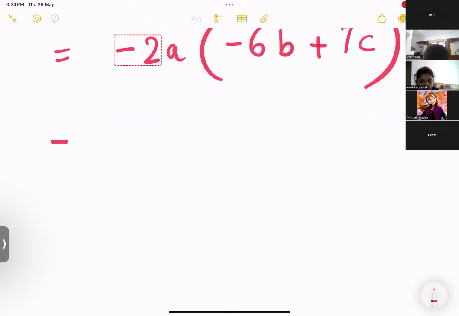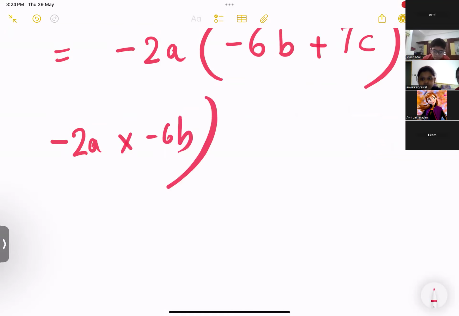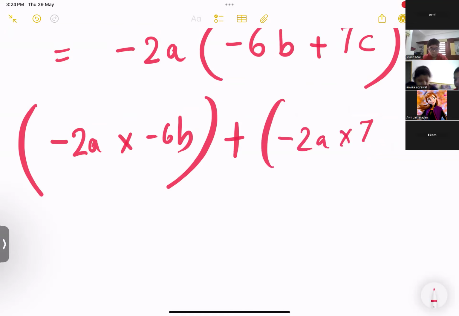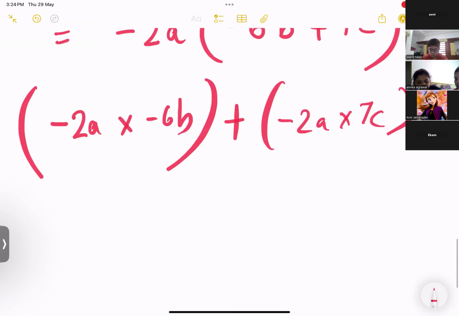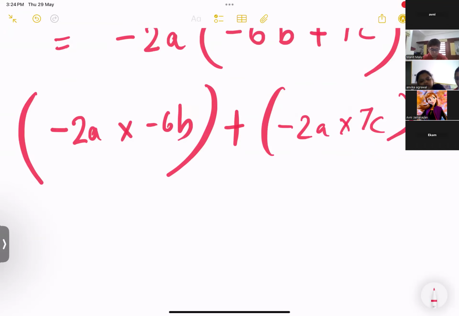Now see, minus 2a times minus 6b. Okay, plus, follow here. You're doing it wrong. Plus minus 2a times 7c. Now someone is like, minus 2a, minus 2, I'll take it out.